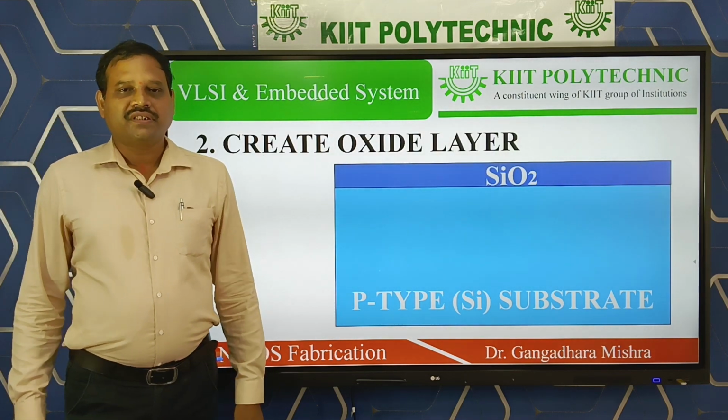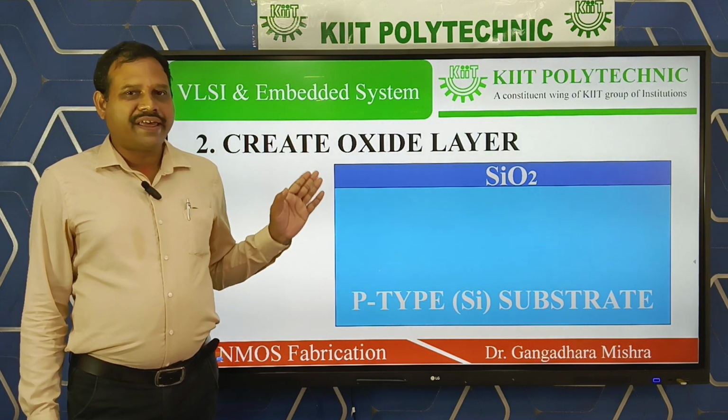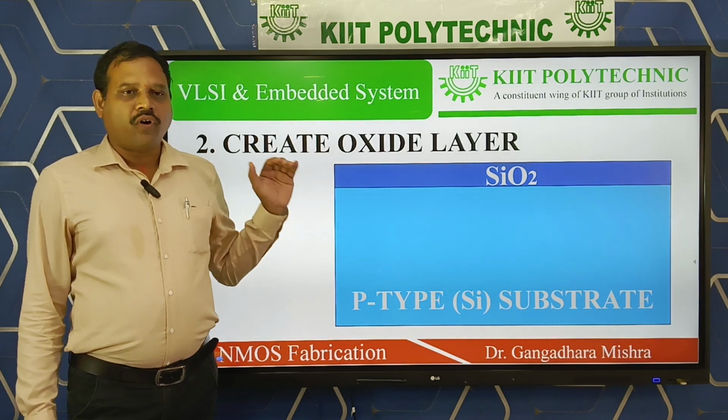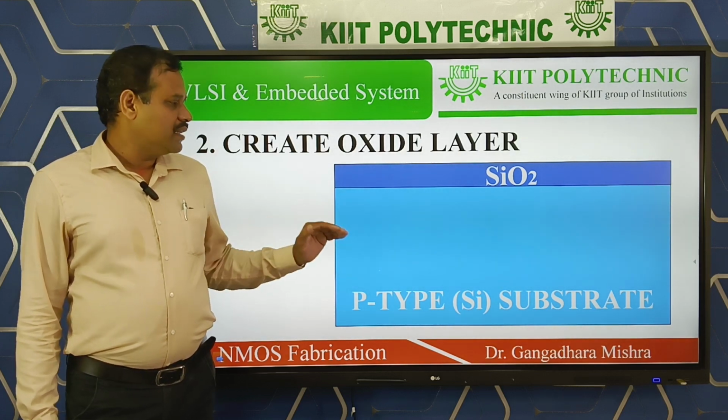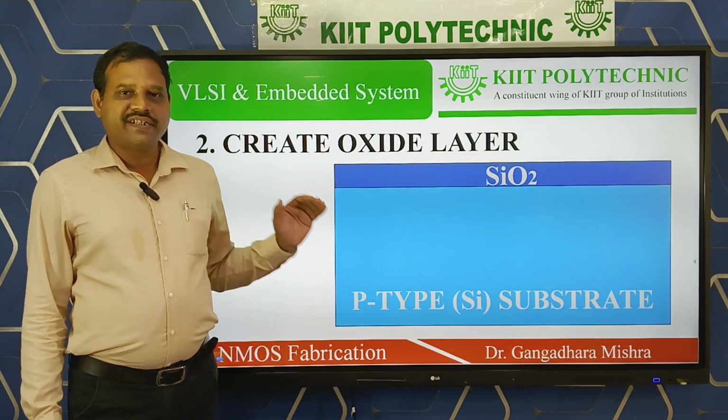The first step starts with the fabrication of a silicon dioxide layer on top of this substrate. To form a silicon dioxide layer on this p-type silicon substrate, we follow the oxidation process.